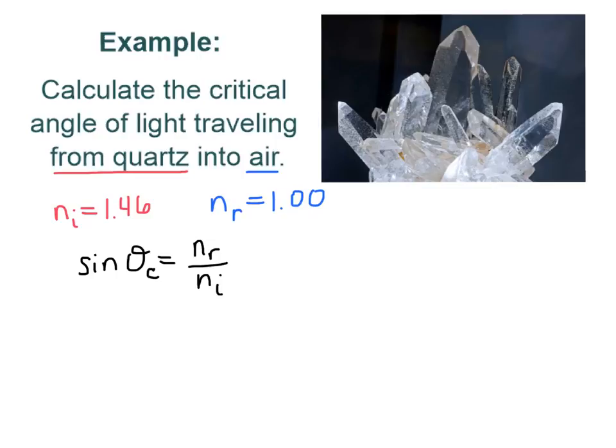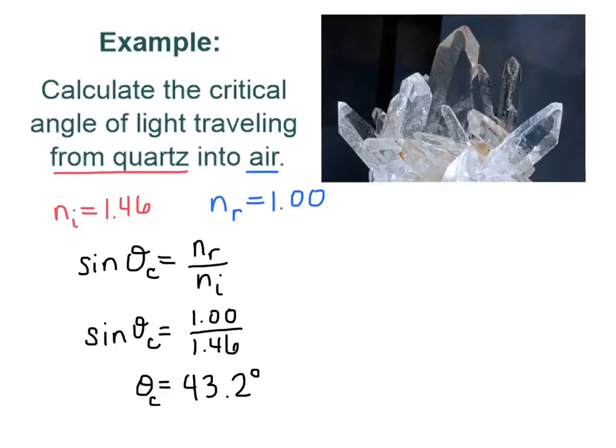Here's our critical angle equation, and we can simply plug values into this formula. I can do the math right here, 1 divided by 1.46, and I can take the answer to that and take the inverse sine of it, and I will get 43.2 degrees to be the value of the critical angle.